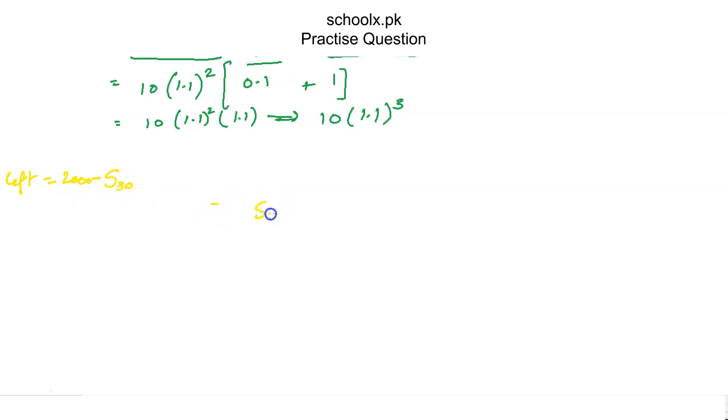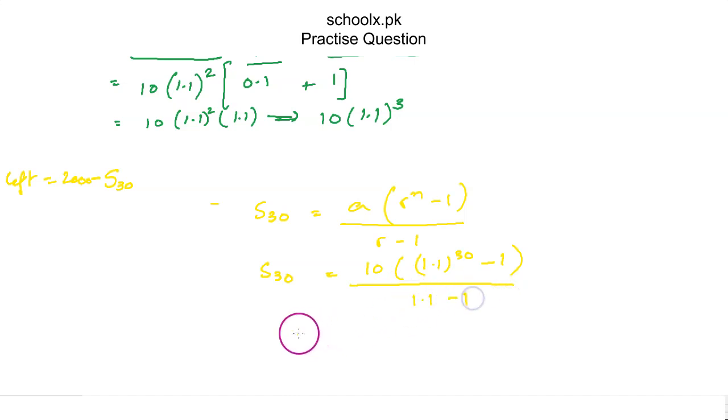Now to find S30, we'll use the formula for geometric progression, which is A into R^n minus 1 over R minus 1, right? So n is 30, A is 10, the first term is 10, R is 1.1. So that is 1.1^30 minus 1 over 1.1 minus 1. So S30 equals, if you solve this, 1644.94 liters.